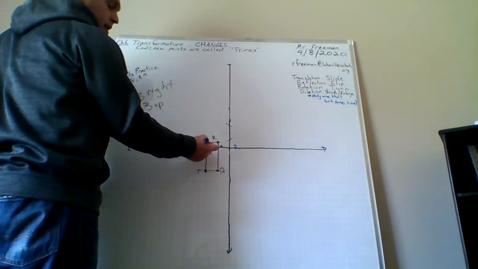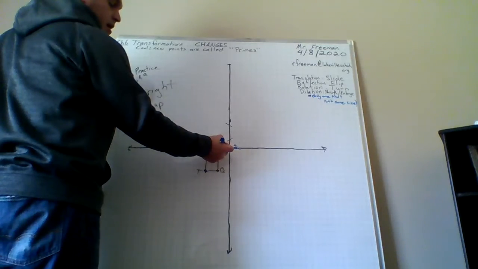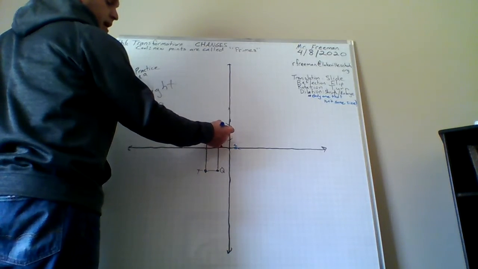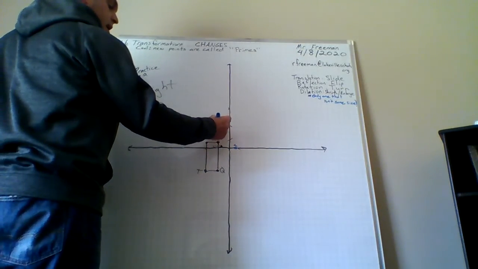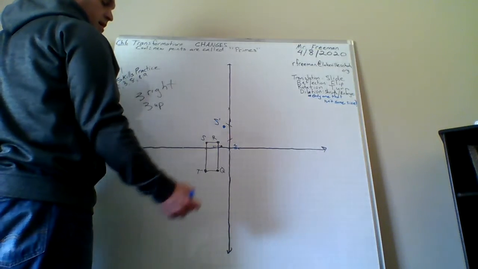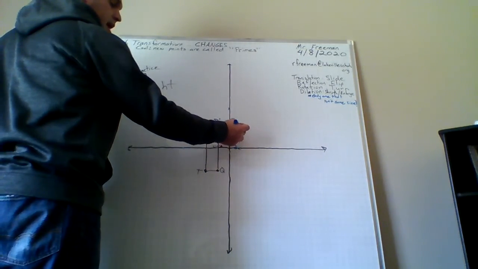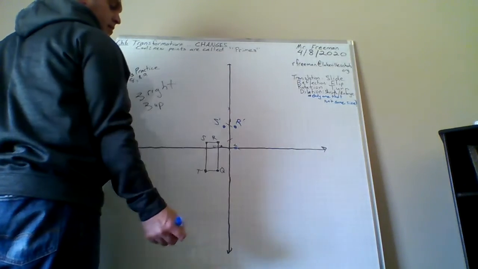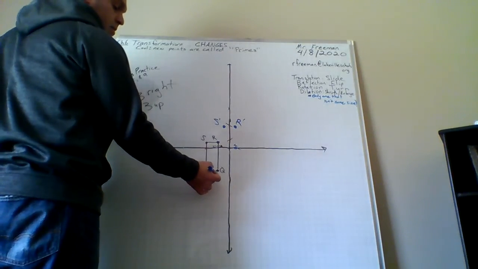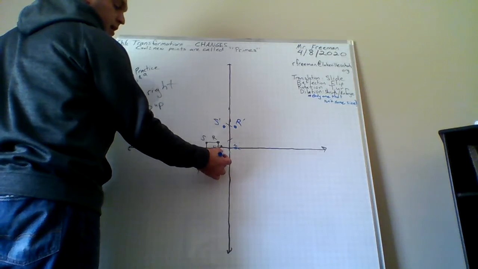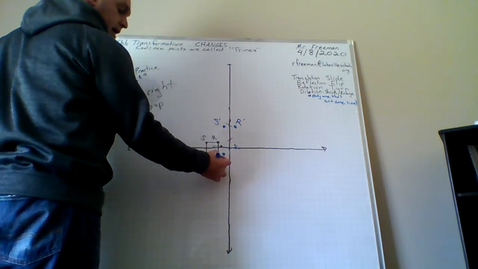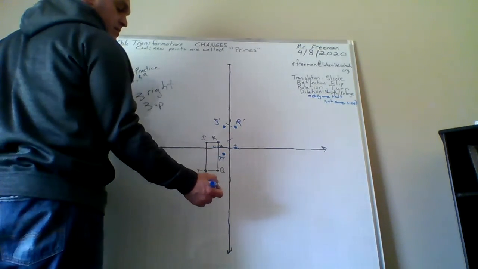But if I was here and I went 3 right, 1, 2, 3, and then went 3 up, 1, 2, 3, this is now where my S prime is. From here, if I go 1, 2, 3 and go 1, 2, 3, this is now where my R prime is. From here, 1, 2, 3, 1, 2, 3, this is now where my T prime is.